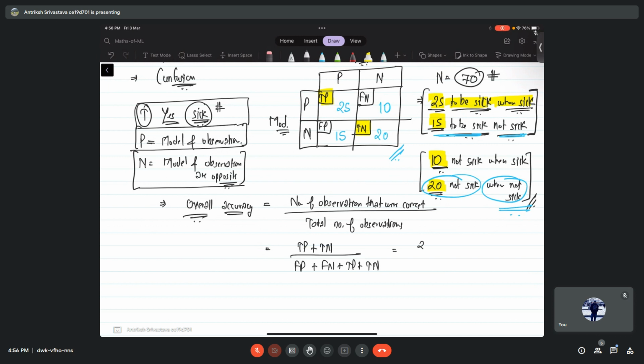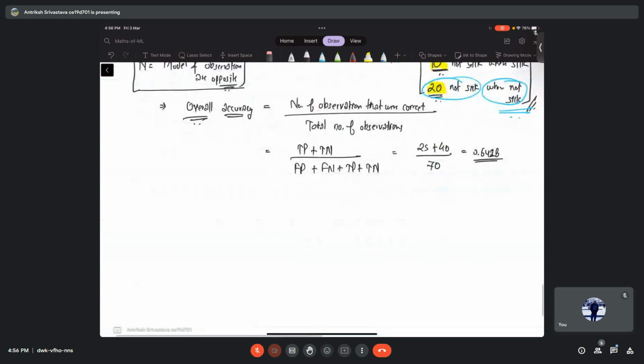So we have 25 plus 40 divided by the total that I gave already as 70. This particular model is not performing very well because its overall accuracy is somewhere around 0.6428. This is our P naught for the Cohen's kappa coefficient.